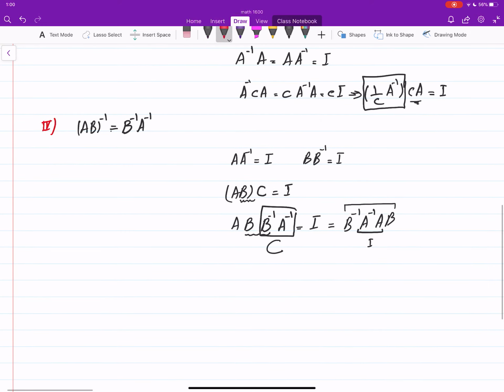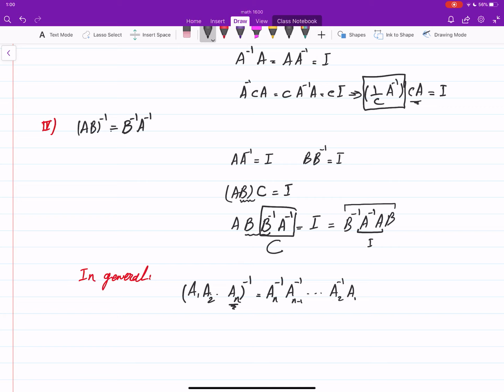In general, this has a general form. Let's say we have A1, A2, up to AN, and all of them are invertible. Then if you want to find the inverse of the product of these matrices, you have to first find the inverse of the last matrix, and then the one before that, and multiply up to A1 inverse at the end.